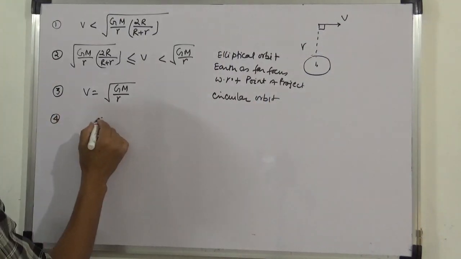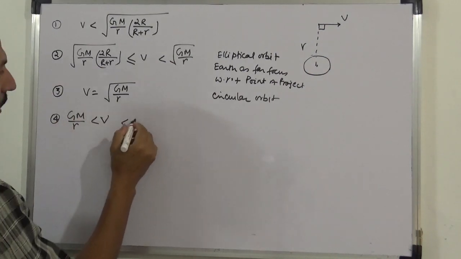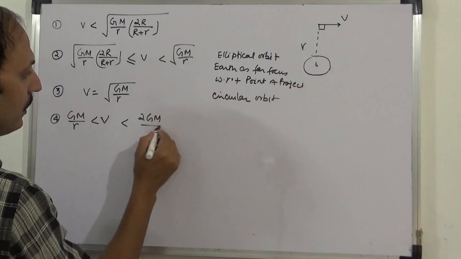Fourth, if V is greater than sqrt(GM/r) and less than sqrt(2GM/r), this we have done, the proof, look at it.